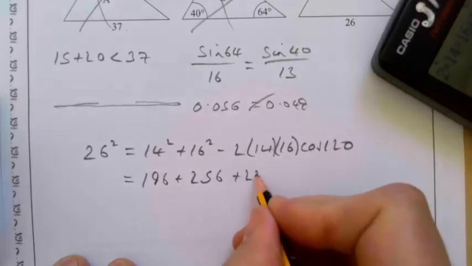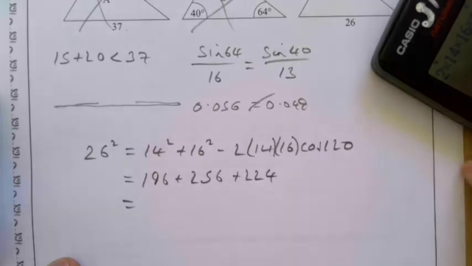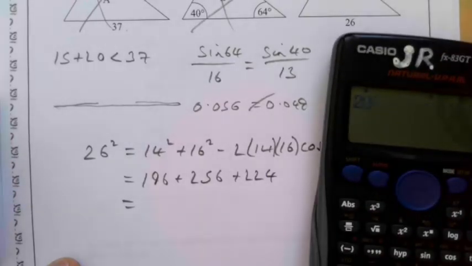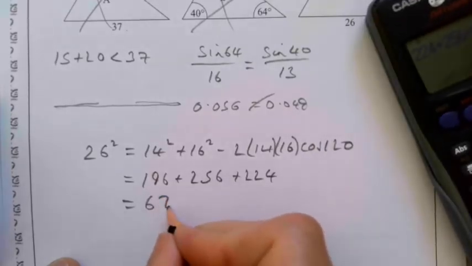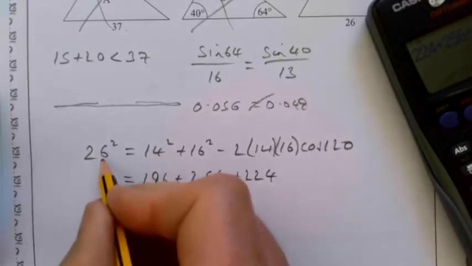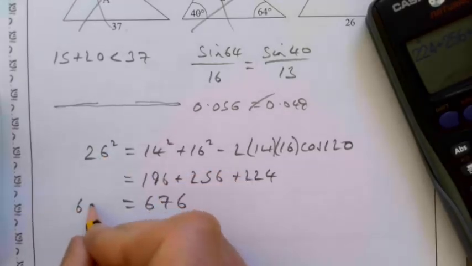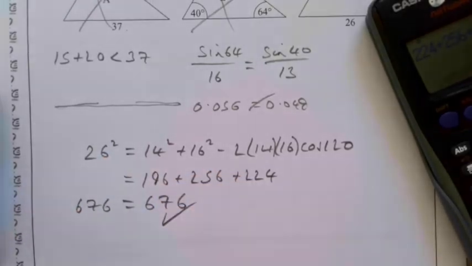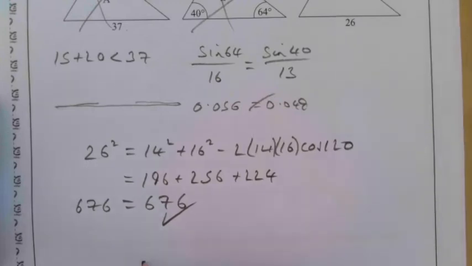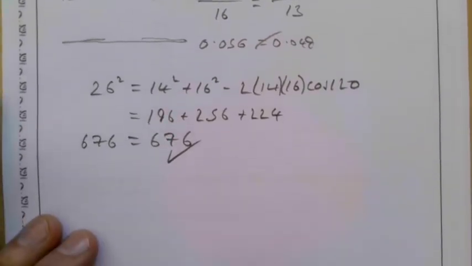So that actually turns into a plus 224. 224 plus 256 plus 196 equals 676. And if you check 26 squared, you do indeed get 676. So triangle C works.